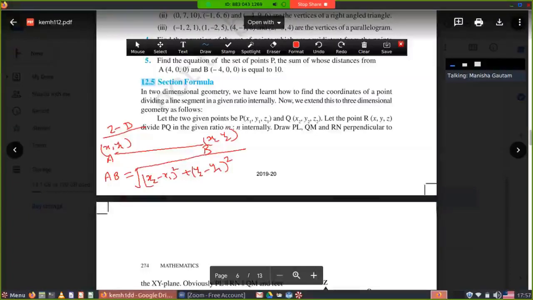If we are talking about three-dimensional geometry, the points are written as (x1, y1, z1) and (x2, y2, z2).